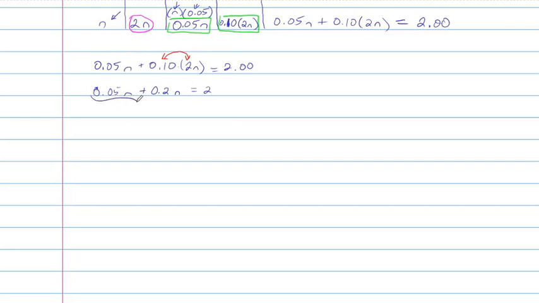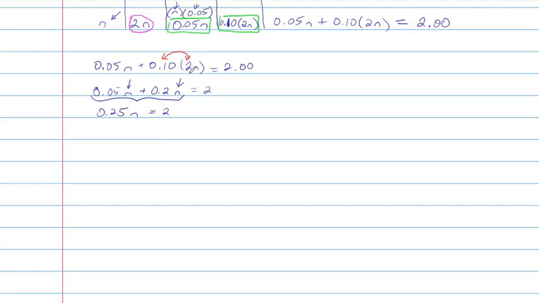Now algebra says I can add these like terms, that is, the things that both have the same variable. So I've got some number times n plus some number times n, and I can add those numbers together. I add 0.05 plus 0.2 to get 0.25n equals 2.